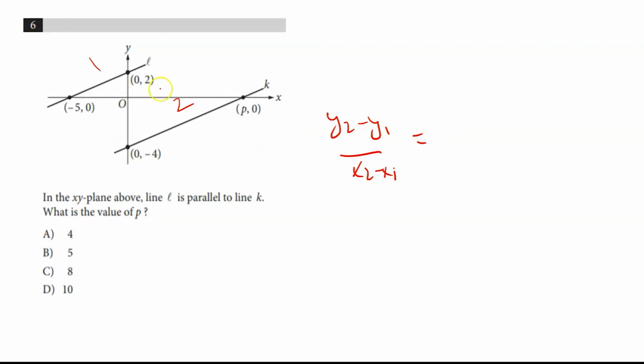Say y2 is 2, y1 is 0: 2 minus 0 over 0 minus negative 5. These convert to a positive. Our slope is 2/5. We want a line that is parallel.